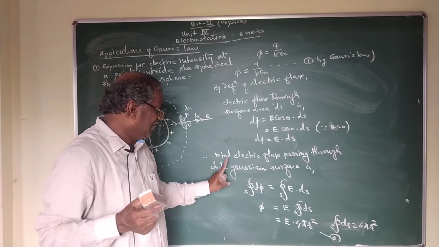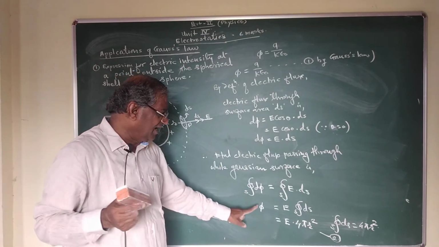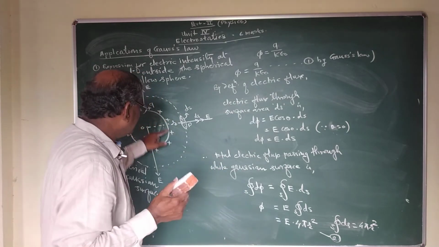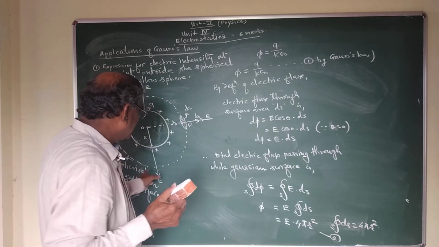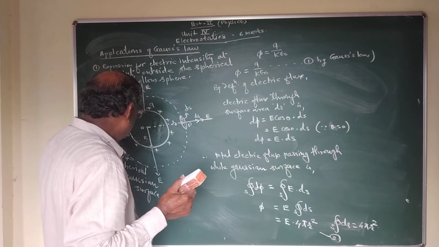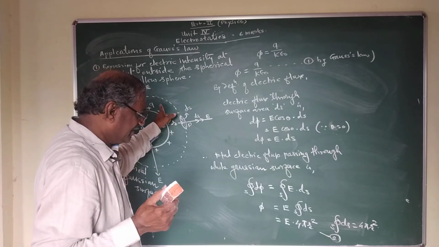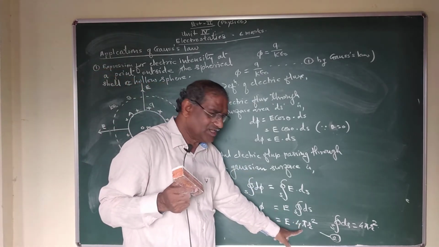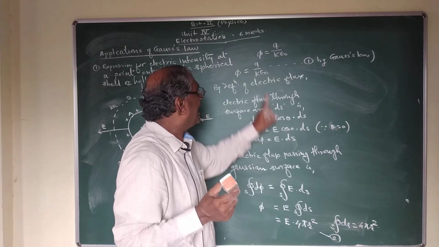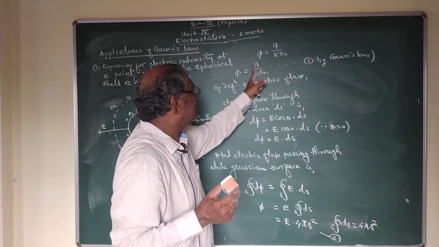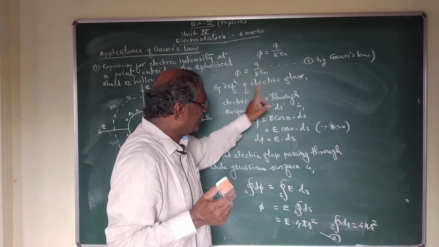By definition of electric flux, the total electric flux passing normally through the whole spherical Gaussian surface having area 4 pi r square, you can write phi is equal to E into 4 pi r square, and by Gauss law, phi is equal to q upon k epsilon 0.